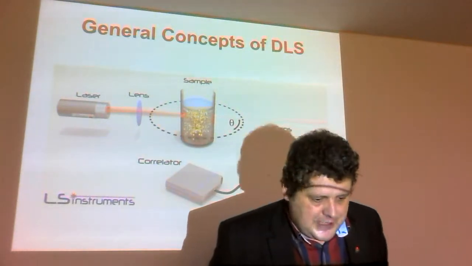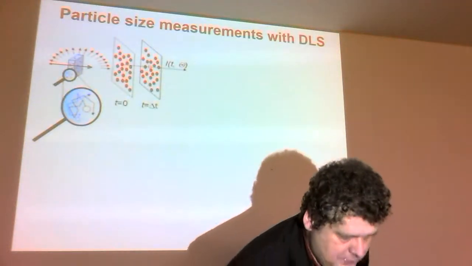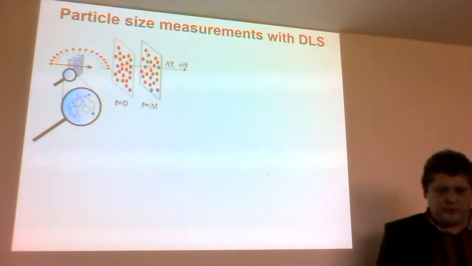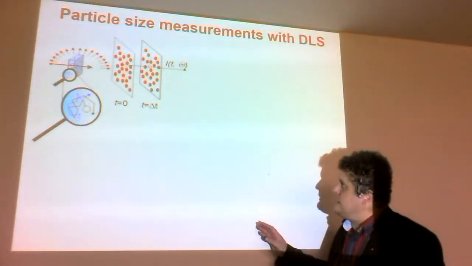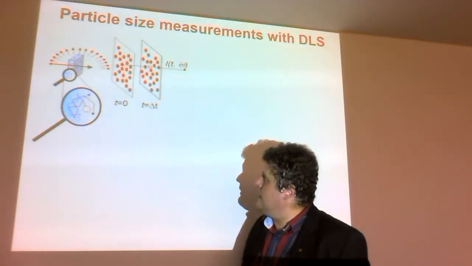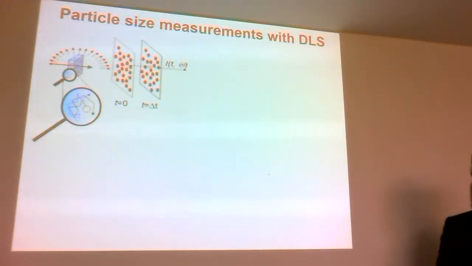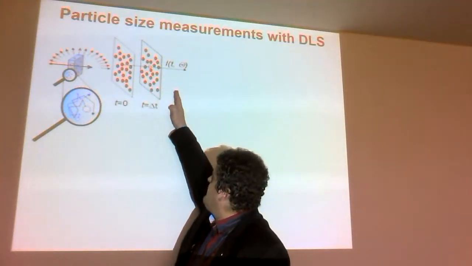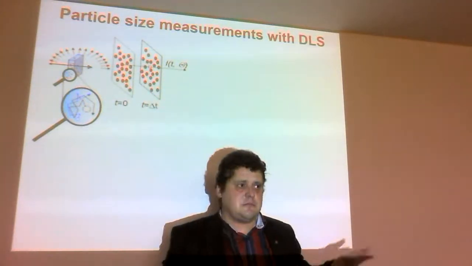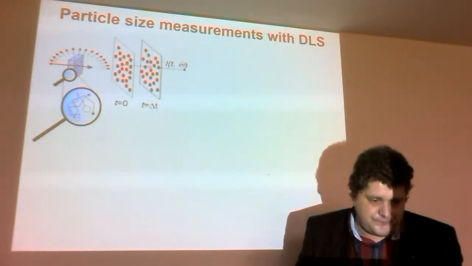I will just explain briefly how it works. In terms of particle measurement with dynamic light scattering, we illuminate the sample with the system shown earlier, and we are able to see in time the changes of speckles on the screen.